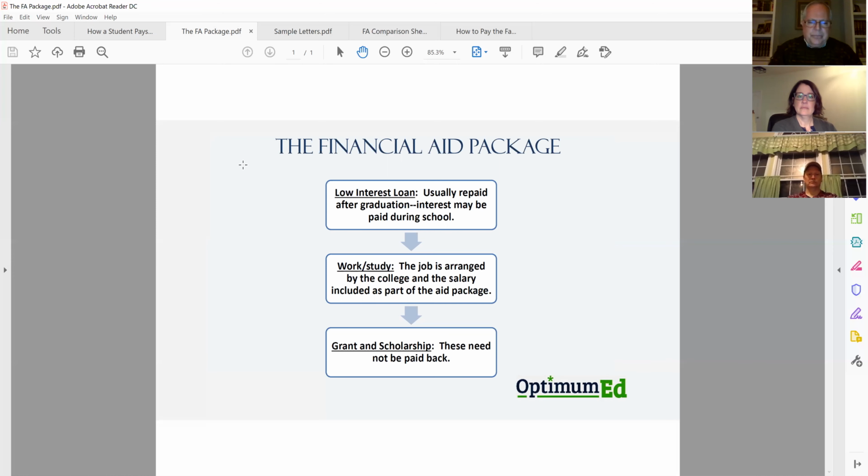At the end of the day, what becomes important is to be able to look at those award letters apples to apples, oranges to oranges, not apples to oranges, right? So that you really understand what you're getting, what types of aid are being offered, and what that implies in terms of the family's financial obligation or not in the process.